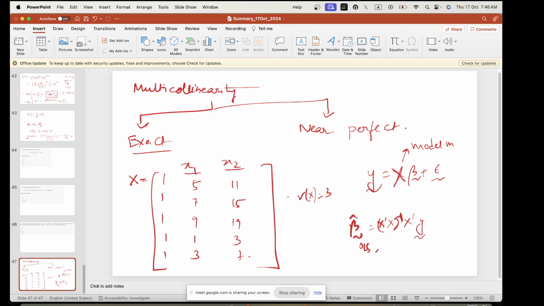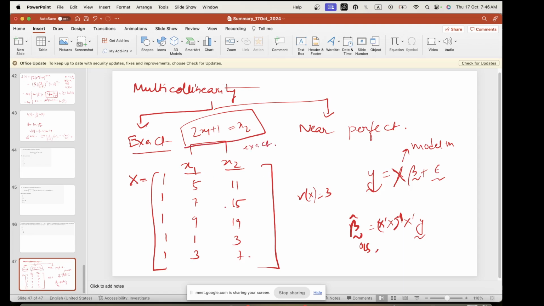Okay. Now here you see there is an exact relation between x1 and x2. If you do 2x1 plus 1, you land up at x2. So this is an exact linear relationship.